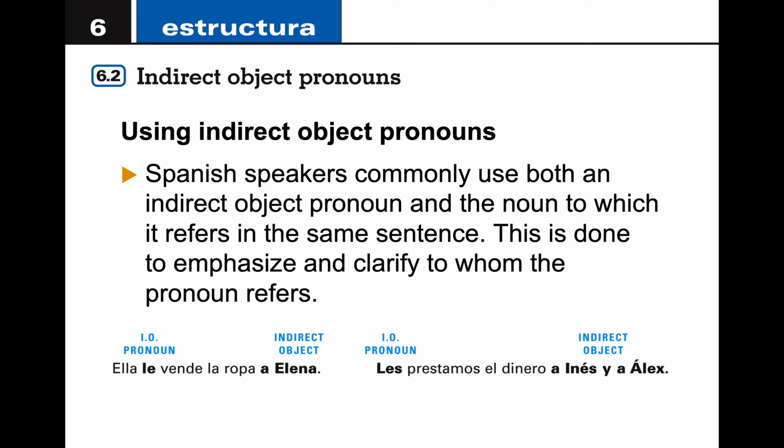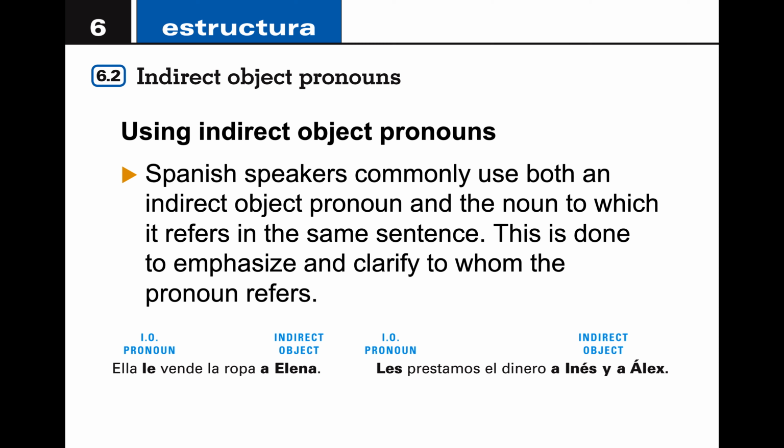When I use an indirect object pronoun, Spanish speakers commonly use both an indirect object pronoun and the noun to which it refers in the same sentence. This makes for some fun with translating things in Portales. This is done to emphasize and clarify to whom the pronoun refers. So if I say, ella le vende la ropa a Elena, she sells the clothes to Elena.